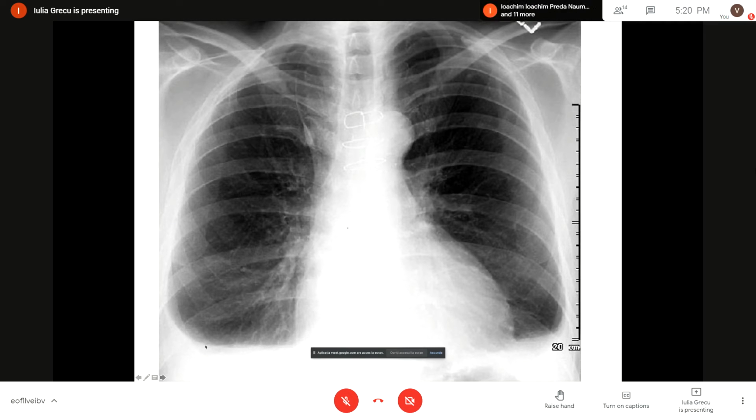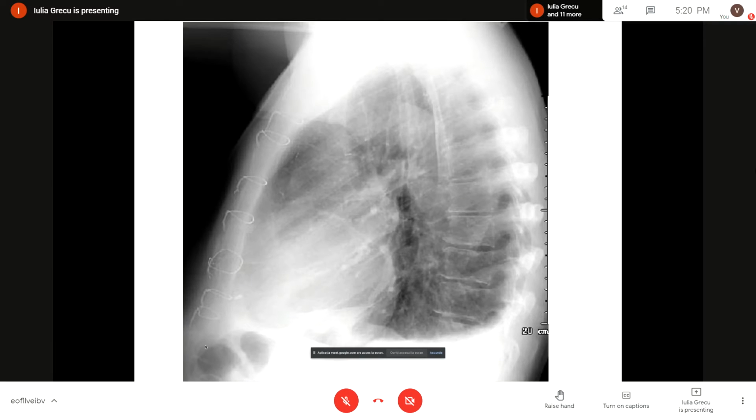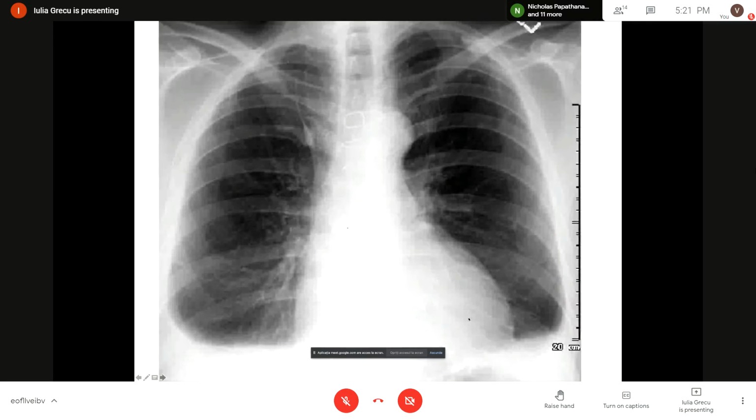That's the way it evolves from the lateral, where it is the highest, to the medial. Okay, the same thing on the lateral view. Here you can see that we can easily detect the small amounts of fluid in the posterior costophrenic angles. Also, you can maybe find some causes for this effusion.